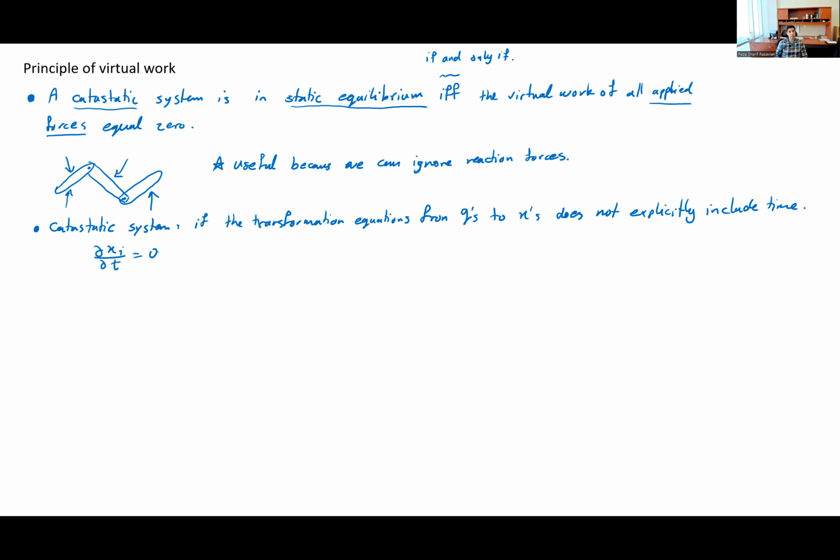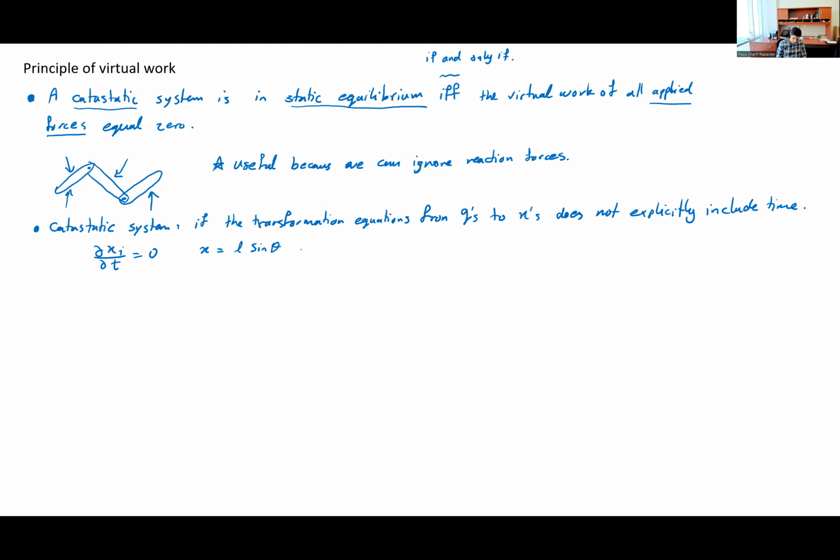is always 0. So there's no time if your x is, I don't know, some L sine of theta, that is a catastatic system.